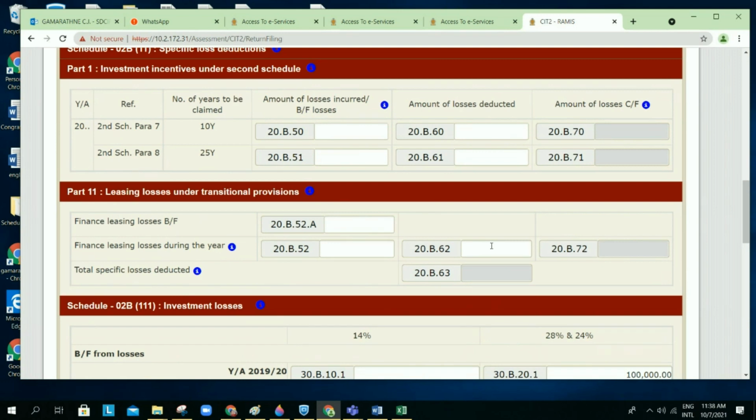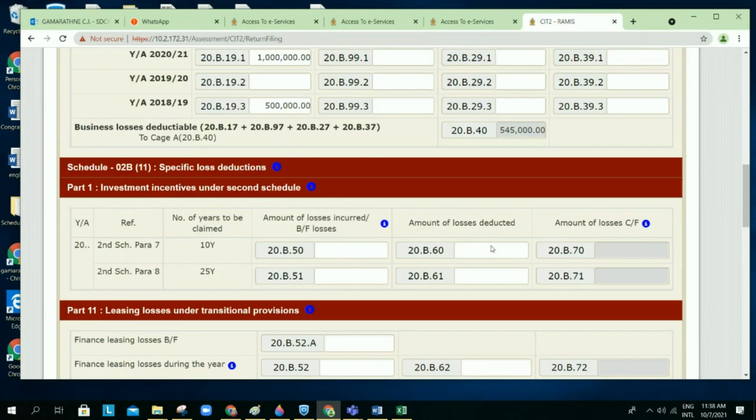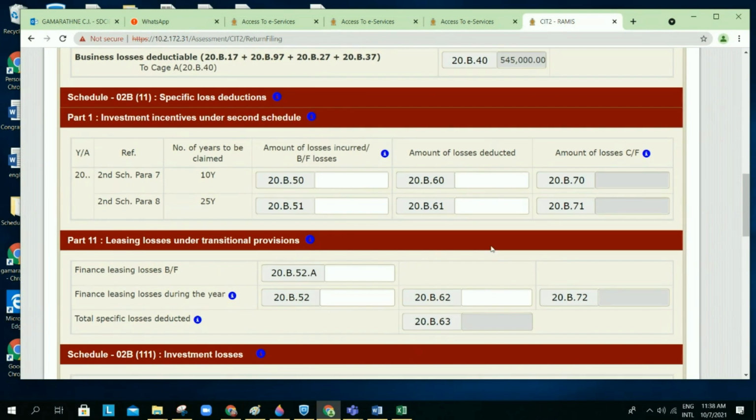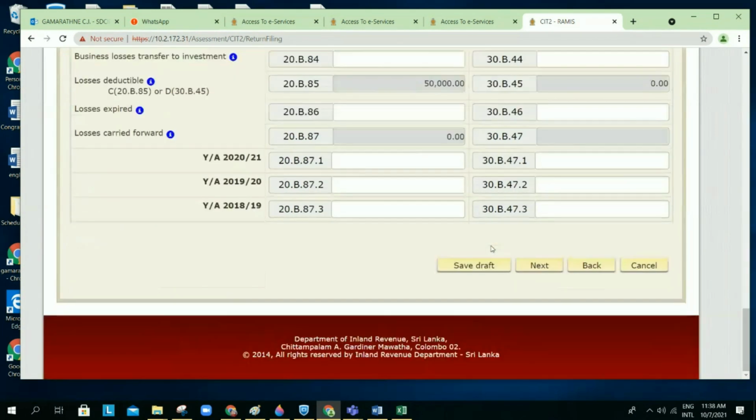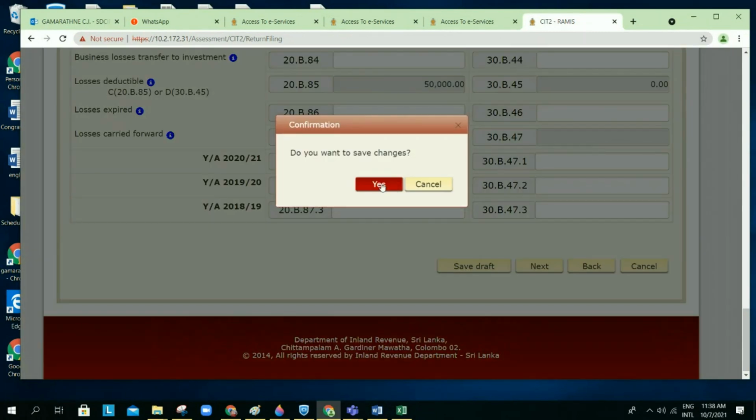Okay, then I am not going to enter values in here. Then I go to save draft.